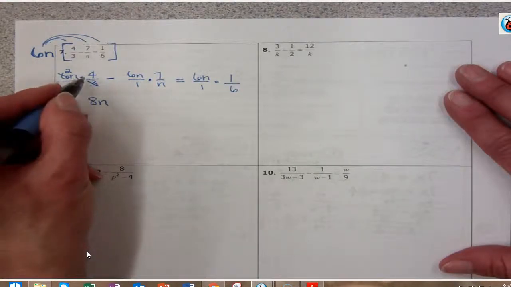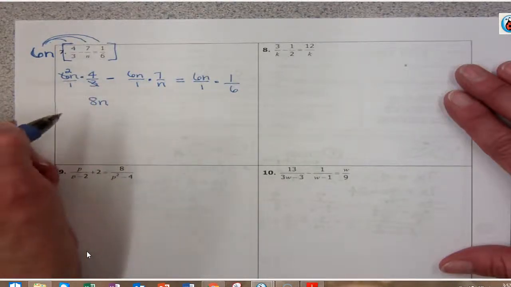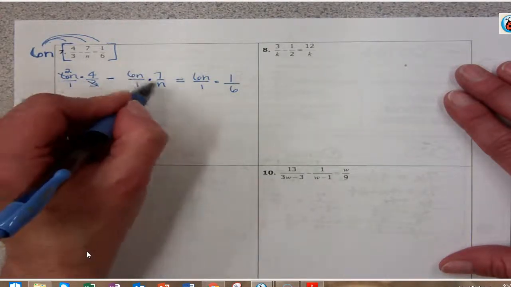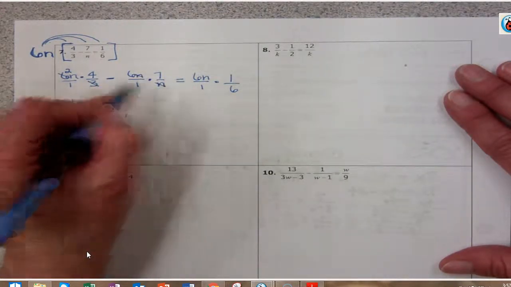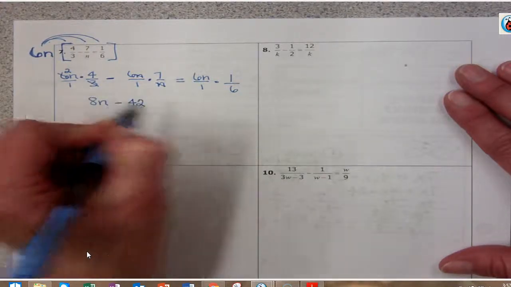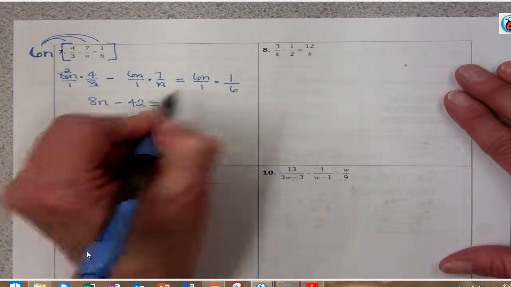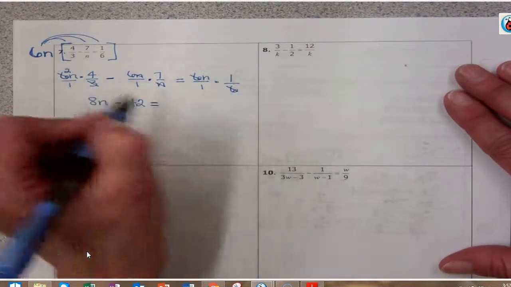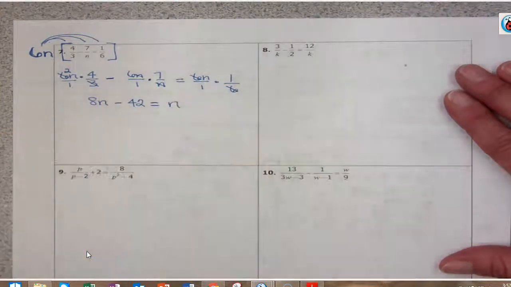Minus, here the n's cancel out, so 6 times 7 is 42, equals, the 6's cancel out, and I'm left with n on that side.